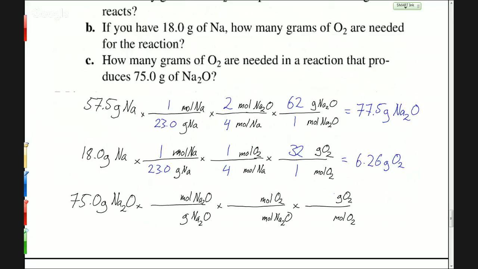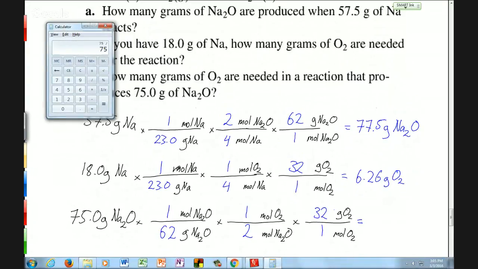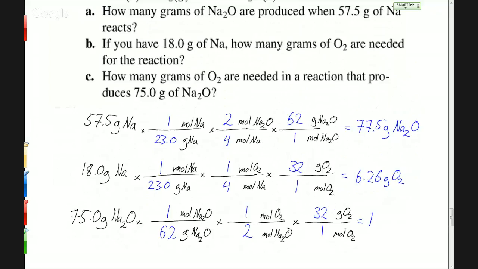Okay, set up in the same way. So Na2O is 62. The equation tells us it is, I think, 2 to 1 or 1 to 2. Okay.